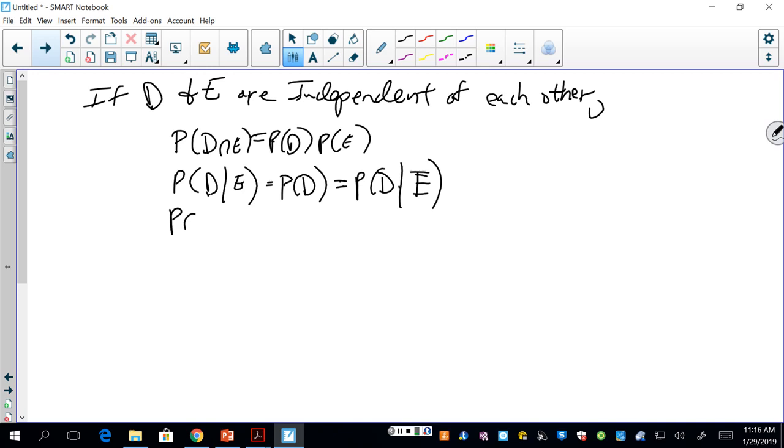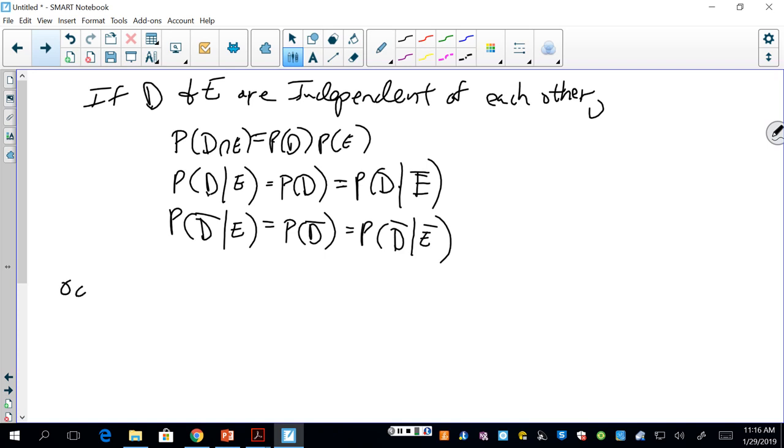And the probability that you do not have the disease also doesn't depend on the exposure, right? So all these things are just the same. The disease and not disease are one minus each other, and they're all the same.